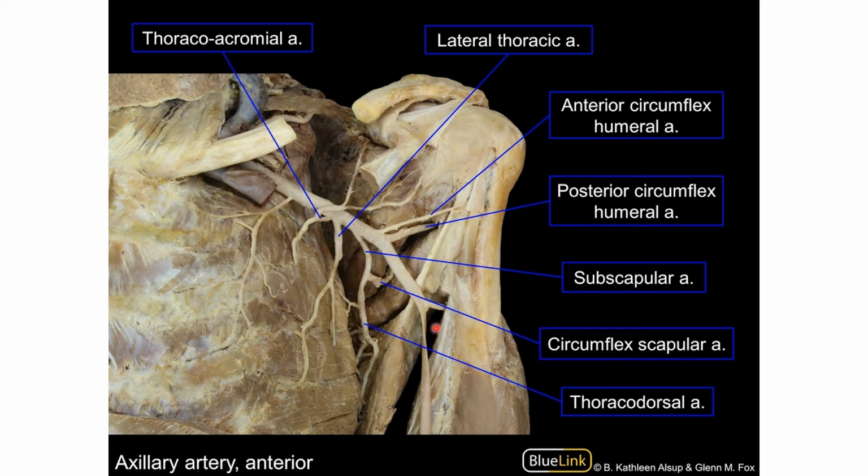Circumflex scapular artery, and then this one continues down. This is thoracodorsal artery. Okay, going over here to the humerus, going anteriorly, this will be anterior humeral circumflex artery, and then posterior humeral circumflex artery.